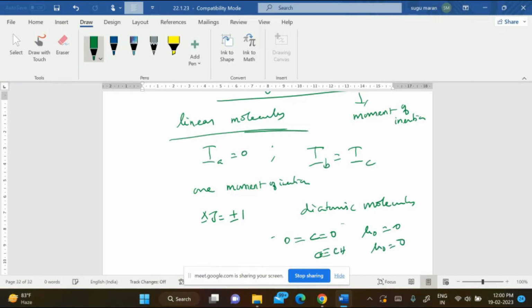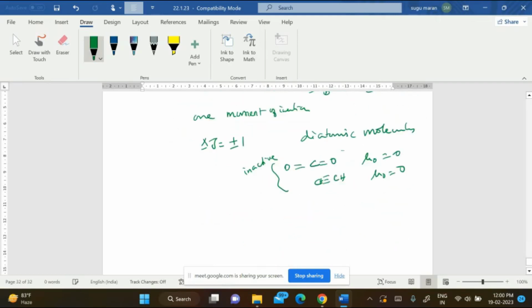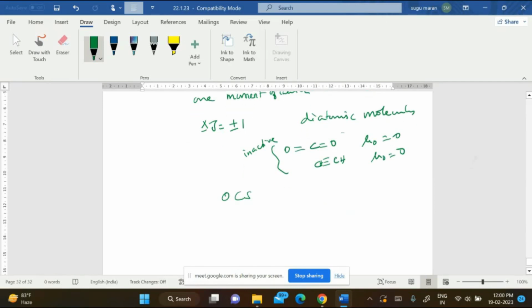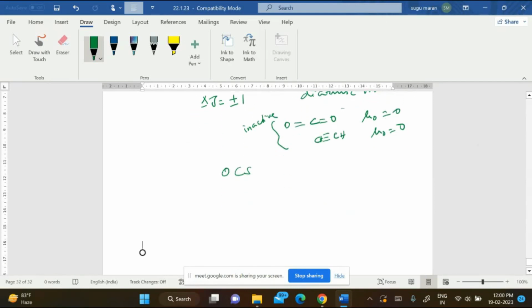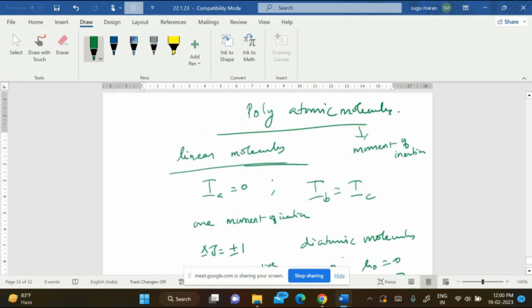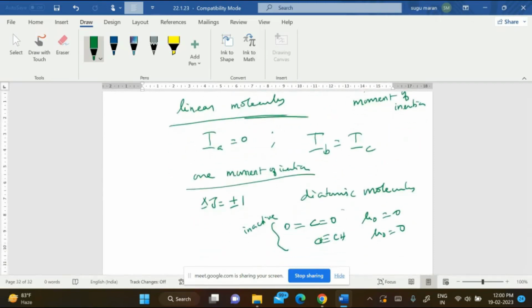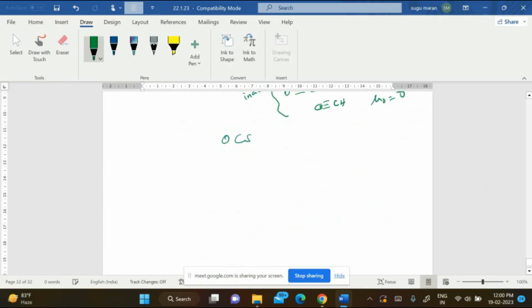But molecules that are linear and hetero in character will be microwave active. So this is one type of molecule. For this molecule you'll have only one moment of inertia, one B value.